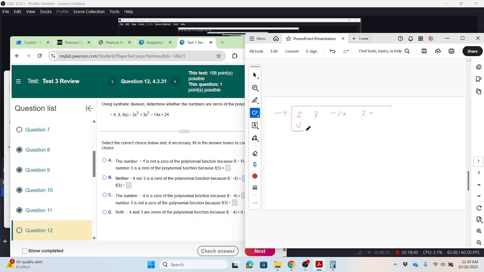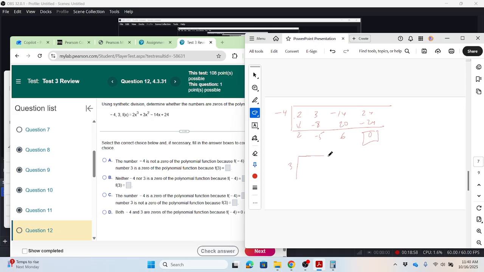Bring it down. 2 times negative 4 is negative 8. It's negative 5. Negative 4 times negative 5 is positive 20, which is 6. Negative 4 times 6 is negative 24. So the remainder is 0.